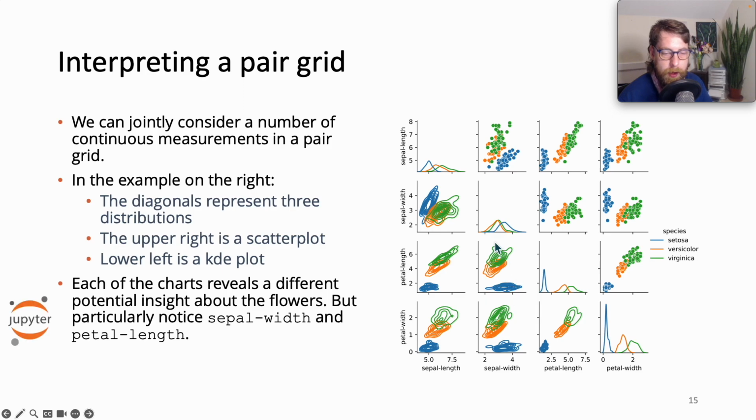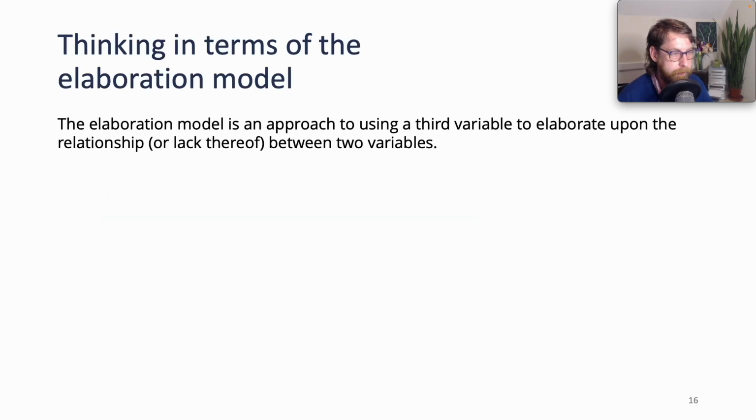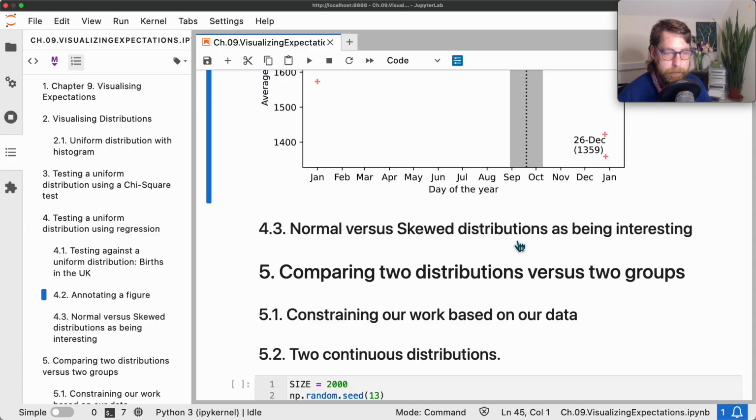Now, if we were to draw a line down through here, then what would we get for our relationship between the two? It seems like because they're distinct, it's going to do some interesting things when we look at some correlations. So we'll see that in an elaboration model in a second.